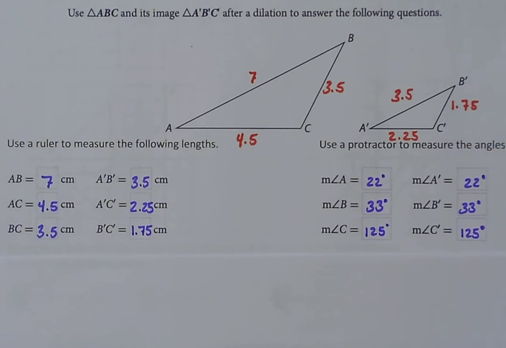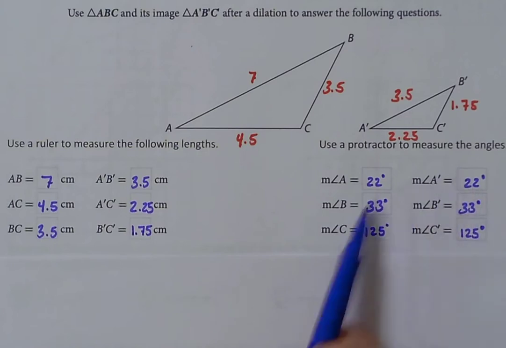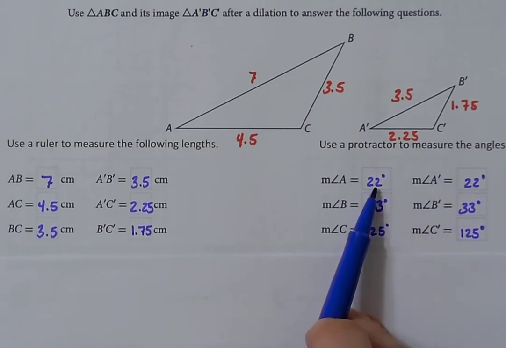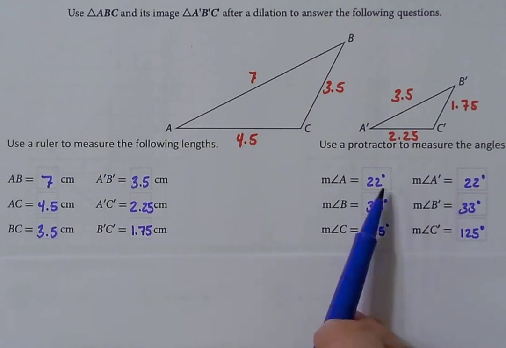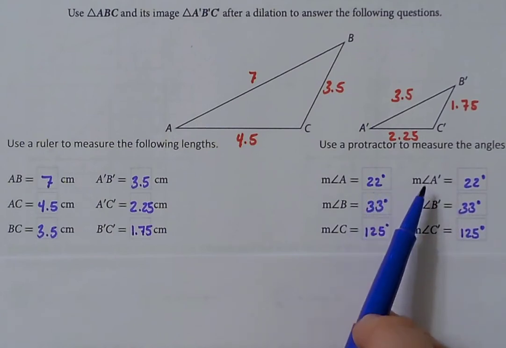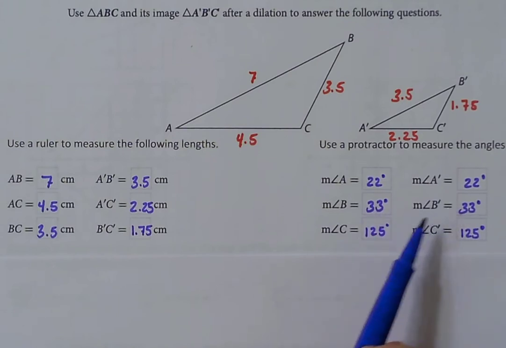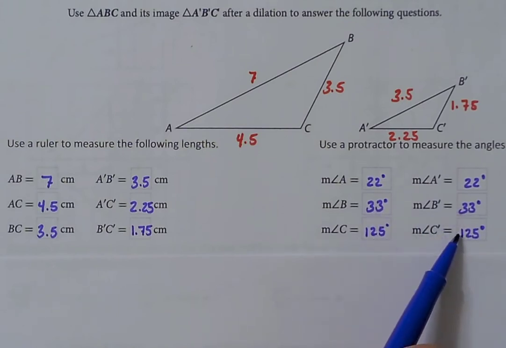So, before we get into looking at the side lengths, first thing I want you to note, if you look at the angle measures for both of these triangles, measure of angle A and A prime are the same measure. They're both 22 degrees. B and B prime is 33 degrees, and then C and C prime are both 125.